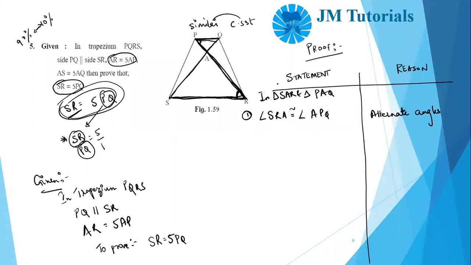Okay. Second, tell me what you want to use. I'll do it according to you. Tell me what you want to use. You want to use the second alternate angle, that is this one, or you want to use the vertically opposite angle? So I'll use the vertically opposite angle. So I'll say this and this.